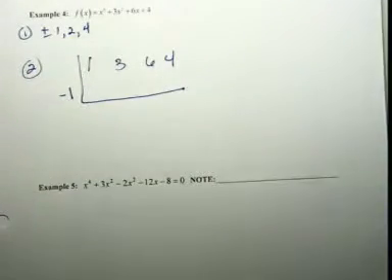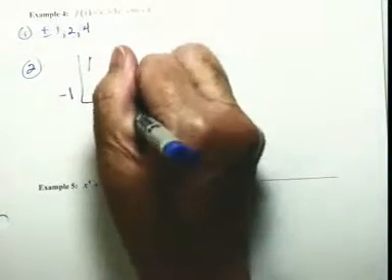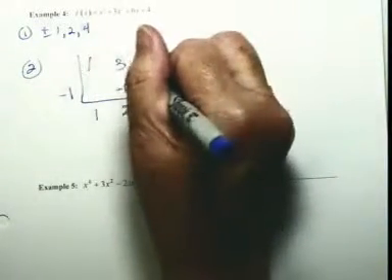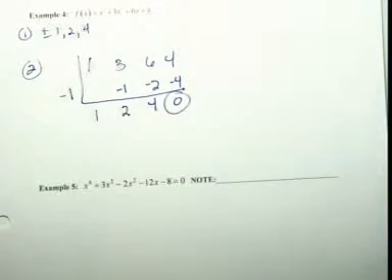If you tried positive 1, it didn't take very long, but 1 minus 1 is 2, minus 2 is 4, minus 4 is 0.